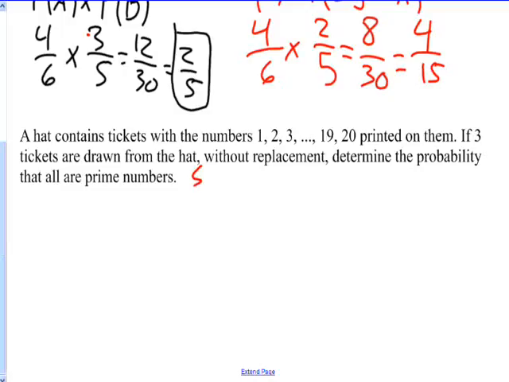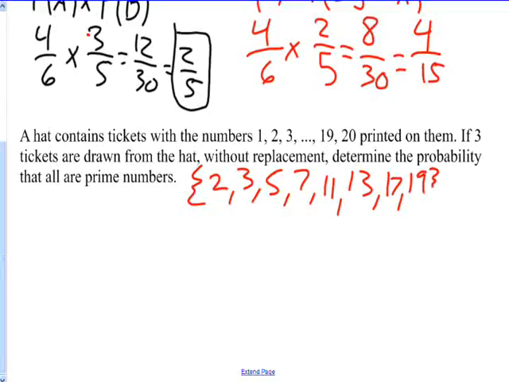Our prime numbers between 1 and 20 are 2, 3, 5, 7, 11, 13, 17, and 19. All right? Now that you can see that I have 8 prime numbers given, you guys can try this problem out, see how you do, all right, and we'll go over it.